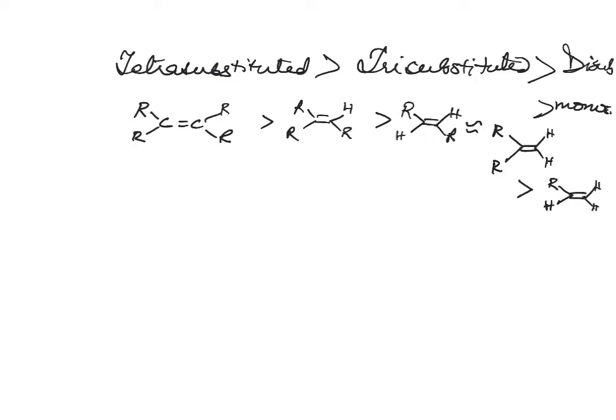It's called hyperconjugation. Hyperconjugation means that there is going to be a bonding molecular orbital which will somewhat extend over four atoms in the double bond. Let's take a closer look at how that would be.